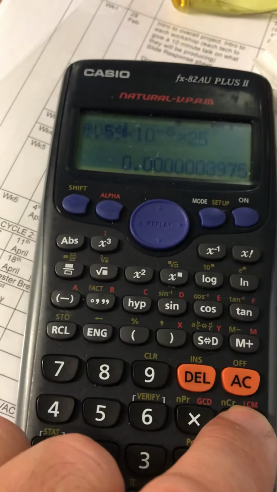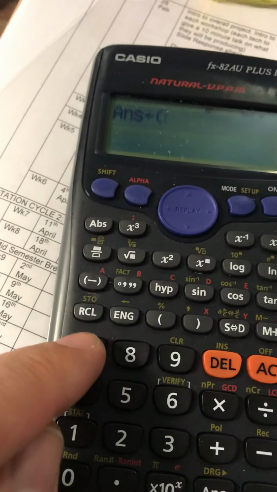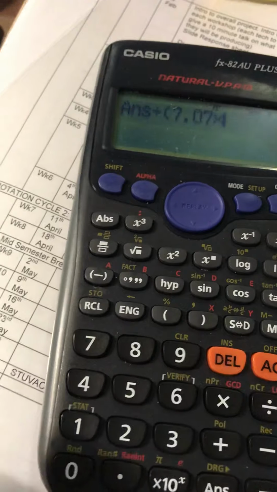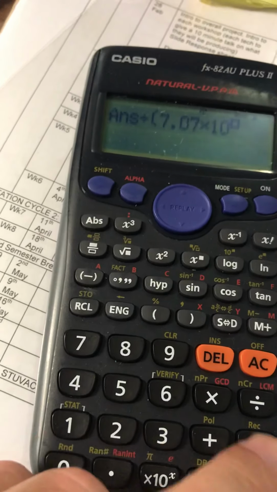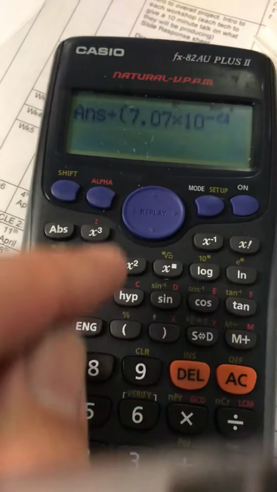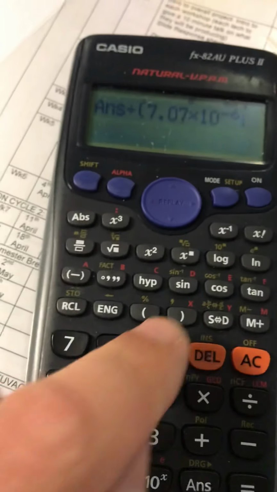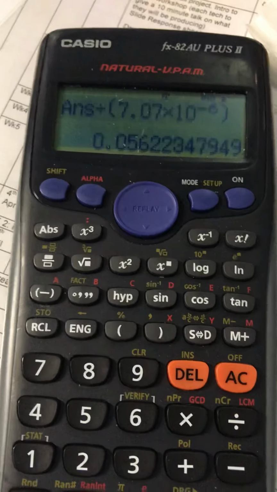And then I'm going to divide it by, I'm going to bracket 7.07 by 10 to the power of minus 6, which is our area. And then if I close brackets, it's going to close the bracket up here. So I need to step across and then close the bracket. Okay, and I hit equals, and I get a very small number.